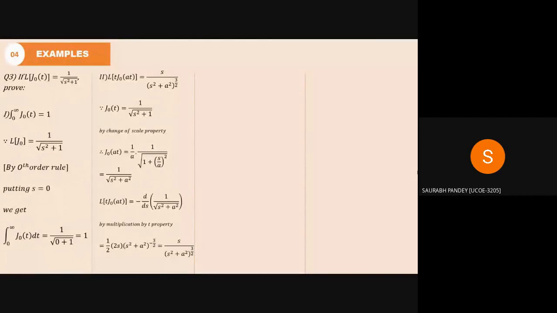When we simplify it, this is equal to 1 by root of s square plus a square. So let's continue. Laplace of t J naught at is equal to minus d by ds of 1 by root of s square plus a square.